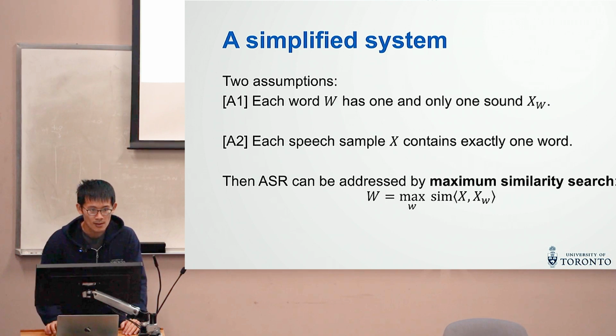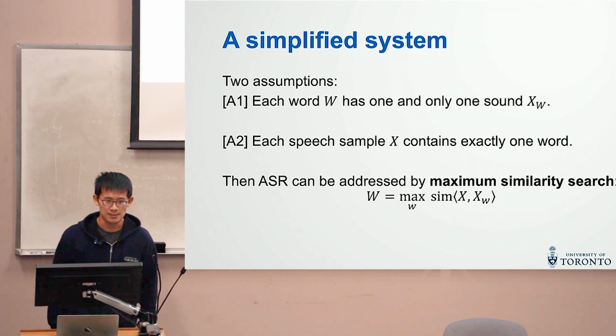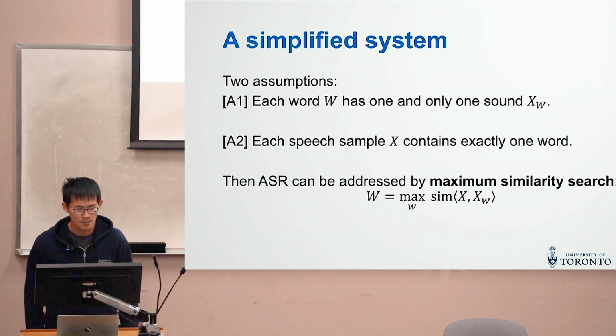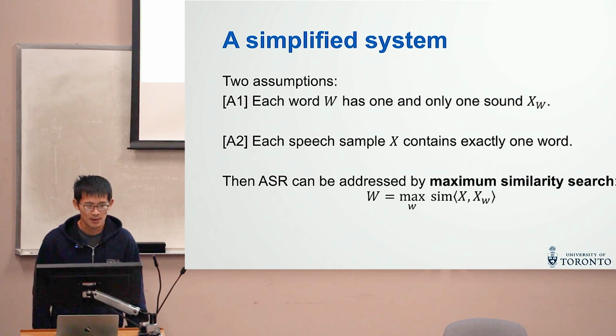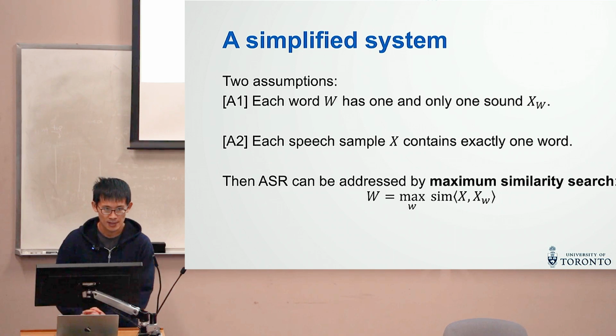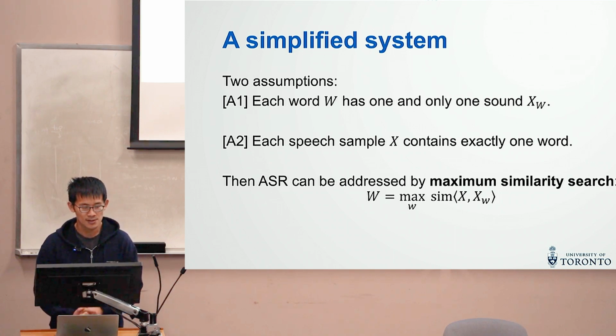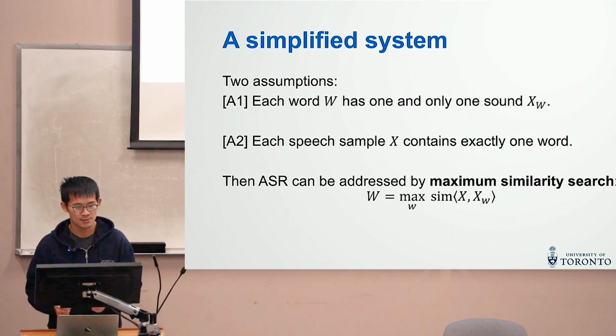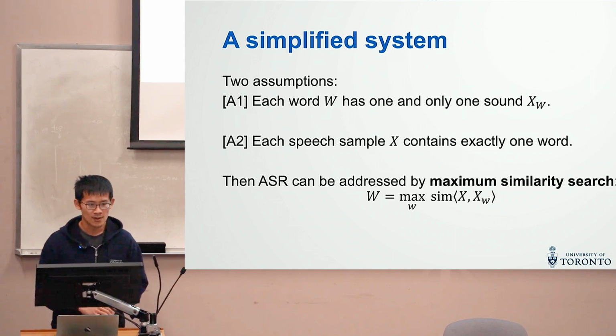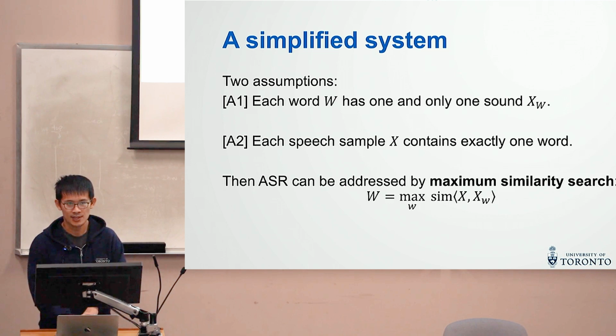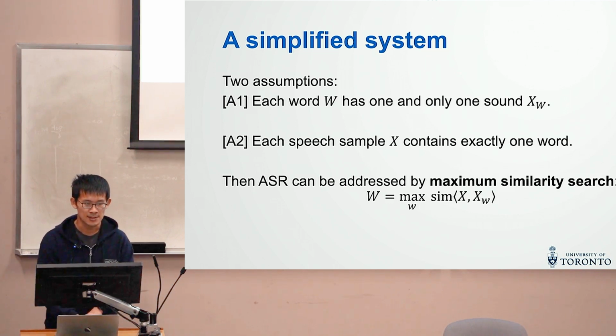So let's take a look at a simplified system. Let's assume that first, each word has one and only one sound, X. This is a simplification that we are going to drop in the next system. The other assumption is that each speech sample, X, contains exactly one word.